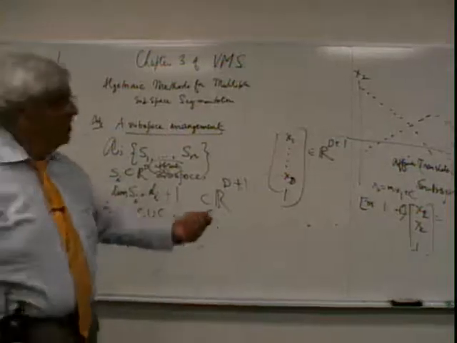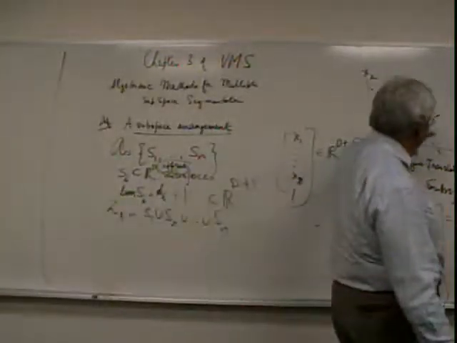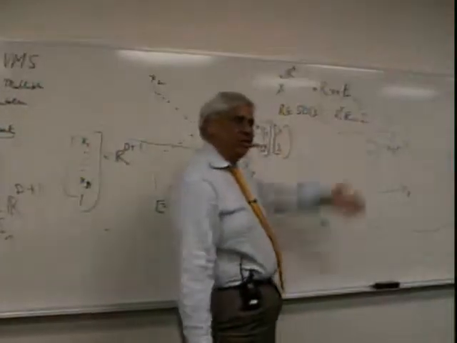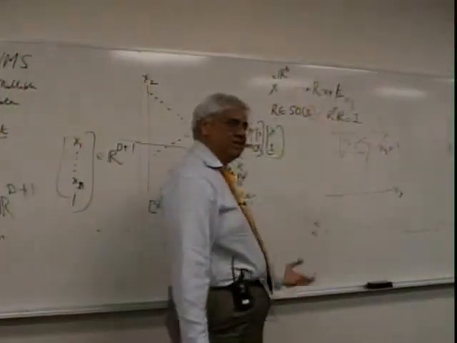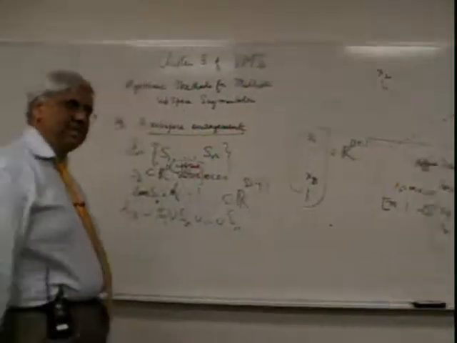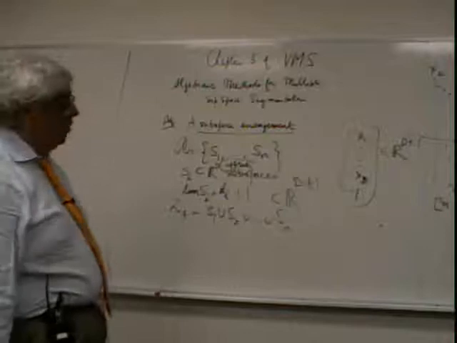So the extra dimension gets added on, and the dimension goes up. Because these were both one-dimensional, when I embedded them in R3 they became both two-dimensional subspaces. So that's one little hack.